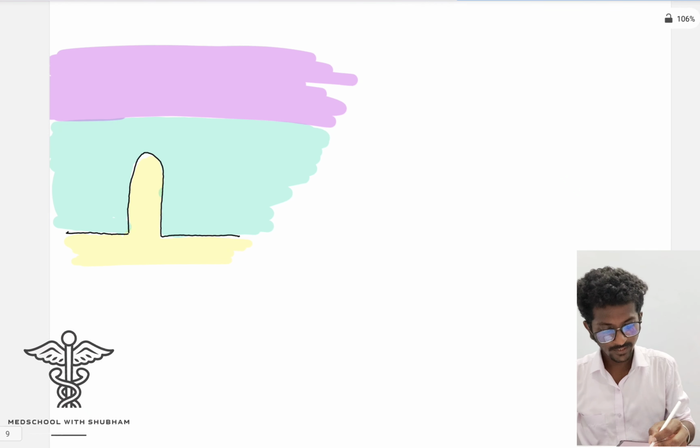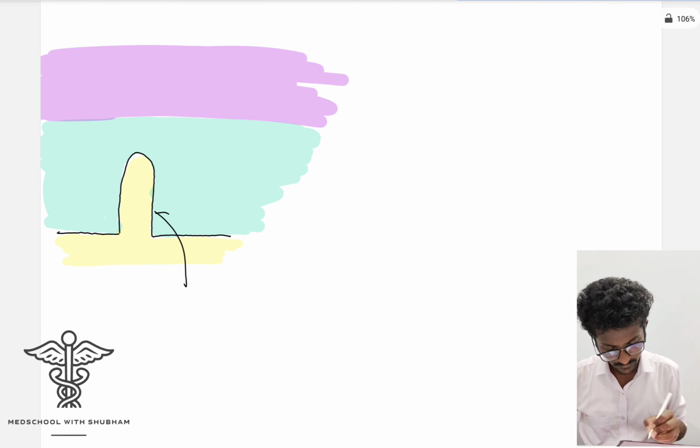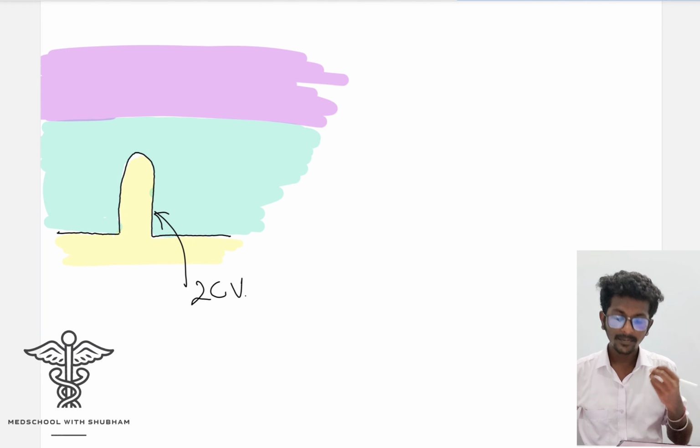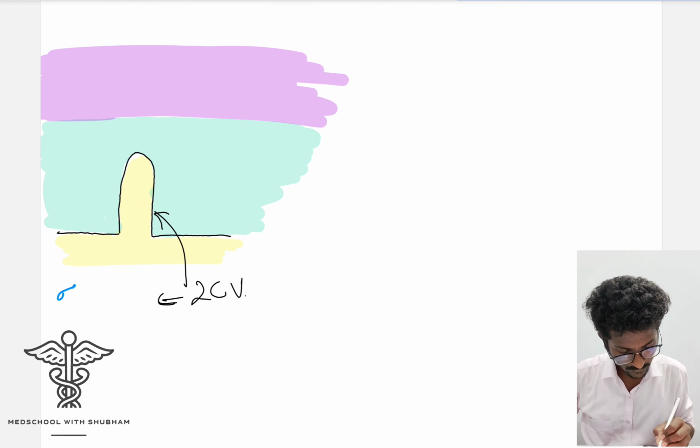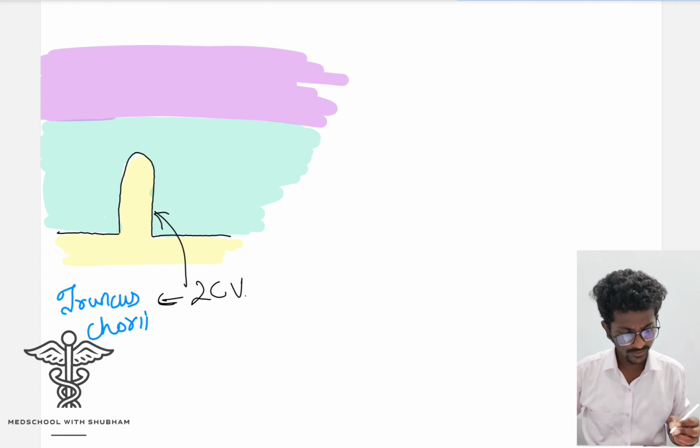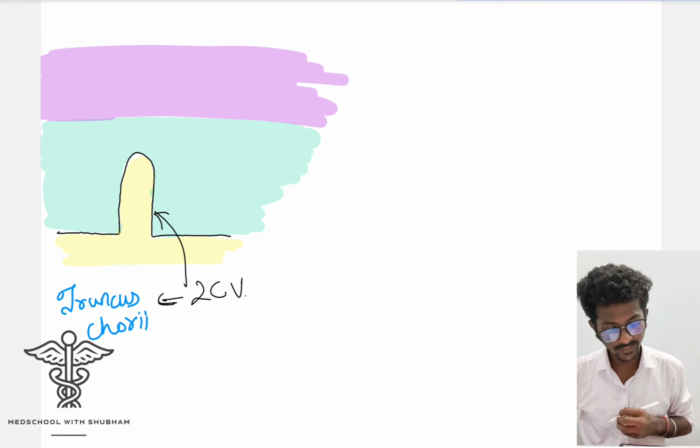Now let's come here. Now this is called as a secondary chorionic villi, but it is also called as truncus chorii. Okay. Now what will happen in the next step?